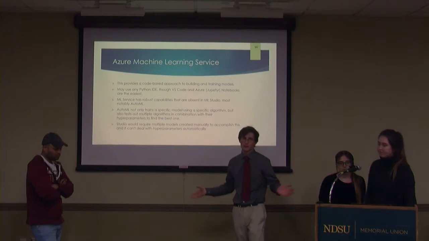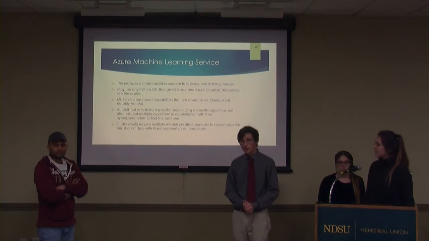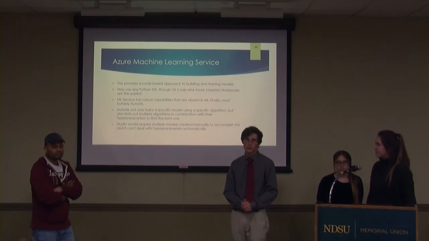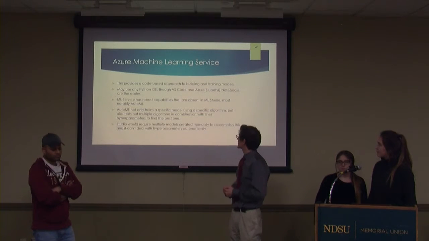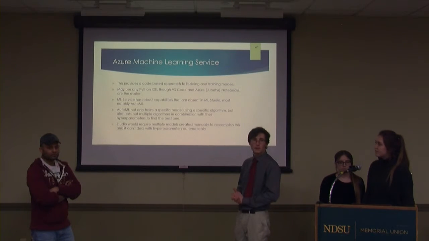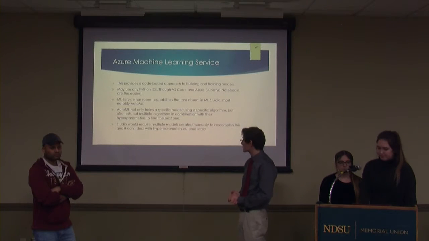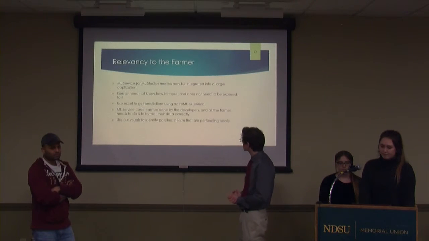However, there's all sorts of different algorithms we can use to train the model. In Studio, we would have to try out every single algorithm on our own and do it manually, and that's a lot of work. However, Machine Learning Service provides this nifty library for us to iterate through all these different algorithms automatically. That's what we use for our machine learning work.